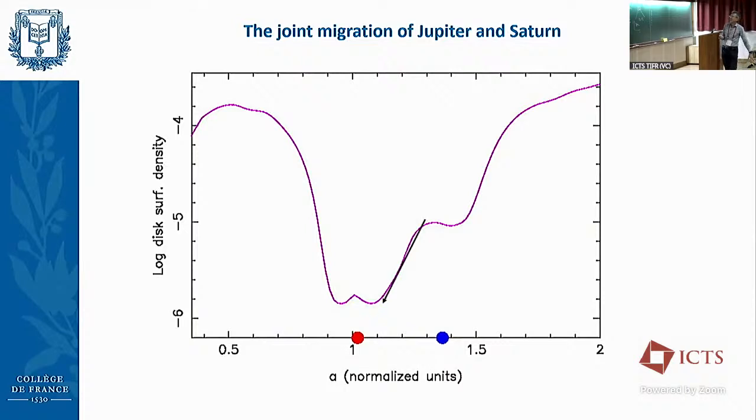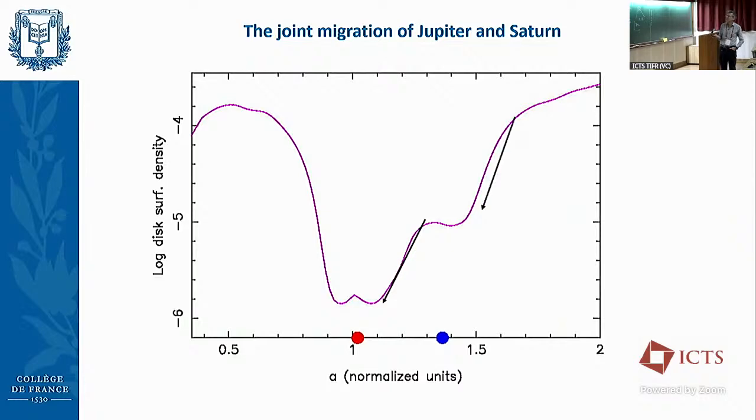So first, this feature ensures that the gas can pass from the outer disk into the inner disk. Jupiter would like to make its gap deeper, so it would like to take this gas and remove it. But this amount of gas is the depth of the gap that Saturn can sustain.